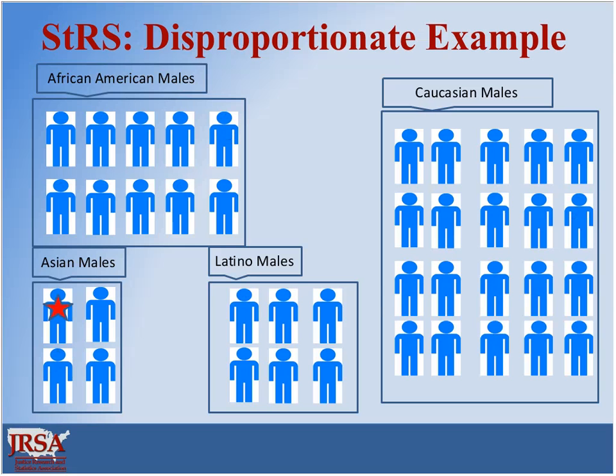Here is an example where we would disproportionately sample 25% from each group, and that would represent 4 Asian males, 4 Latino males, 8 Caucasian males, and 4 African American males.